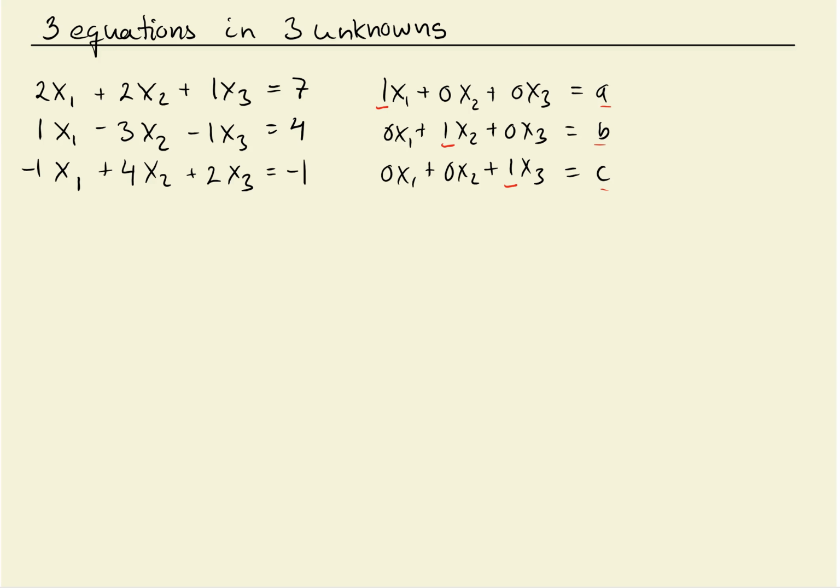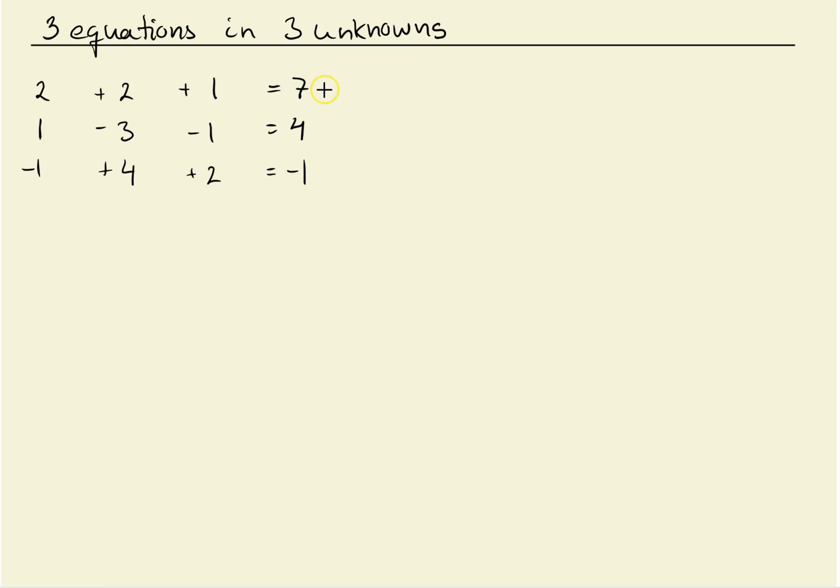So now I've discarded the x1s, x2s, and x3s, and what I'm left with is this table of numbers, which still represents my three equations. And what I want to end up with is now a table that looks like this. And then I'll have my solutions: x1 is A, x2 is B, and x3 is C. So I want to end up with a table with all zeros except in the diagonal.